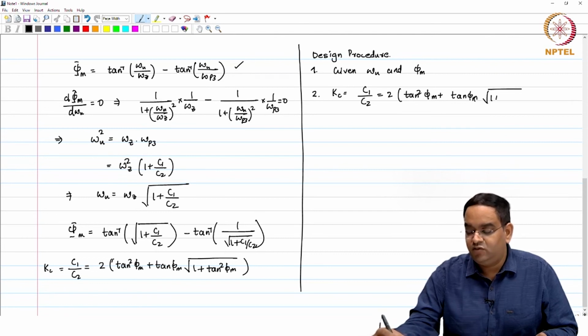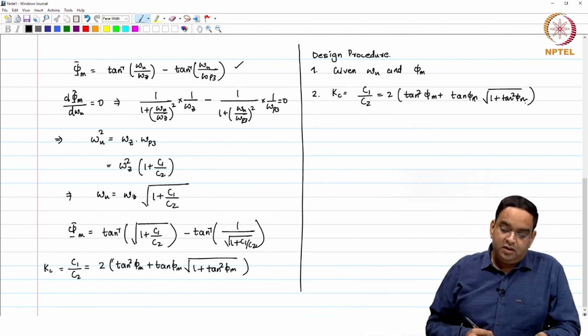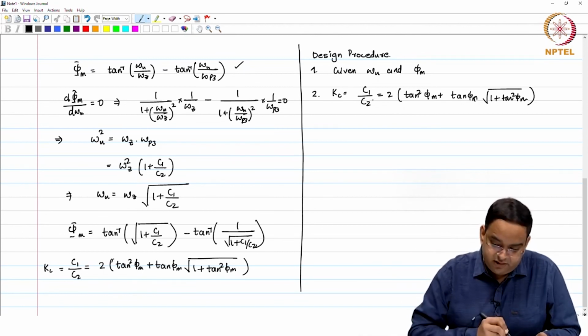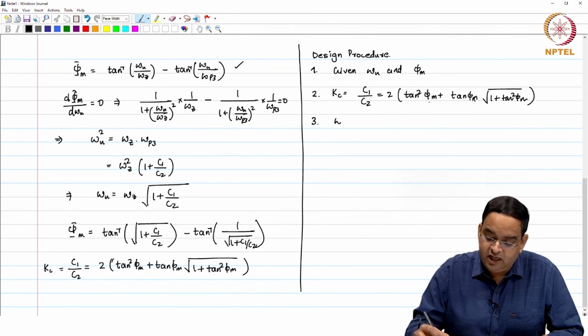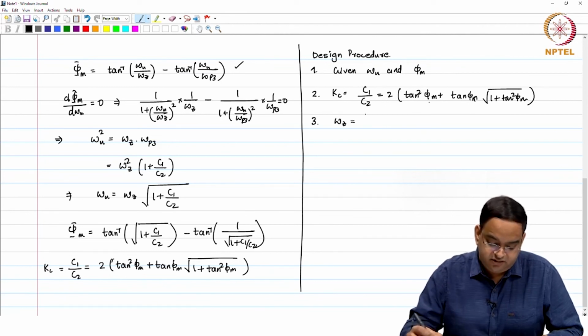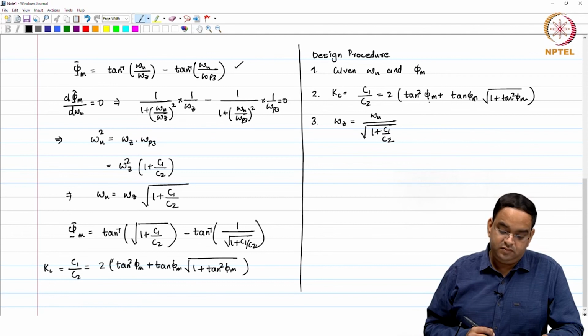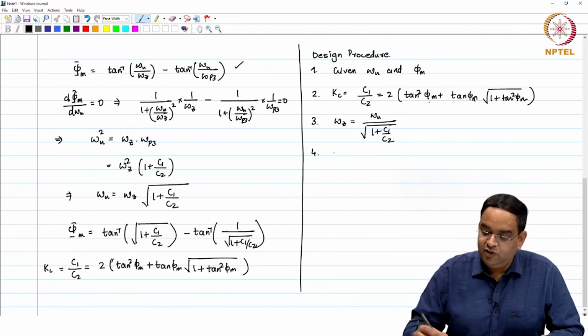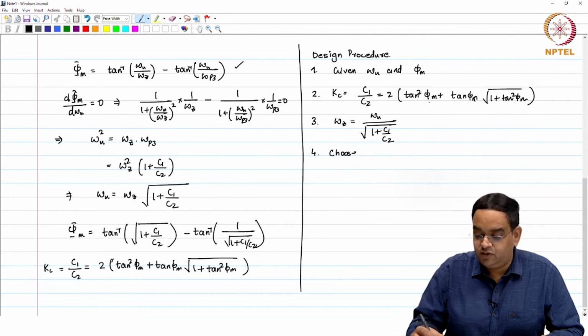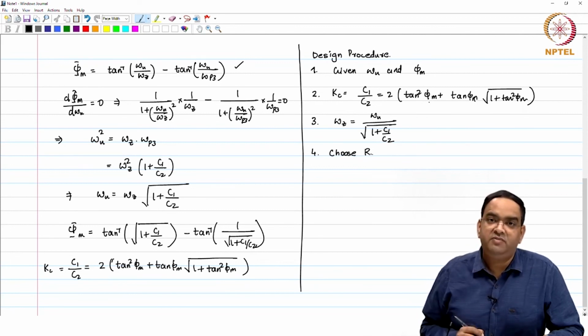Tan phase margin into square root of 1 plus tan square of phi. Once you know K c and you know omega u, because phase margin will give you C1 by C2, you can find out that omega z is nothing but omega u divided by square root of 1 plus C1 by C2. When you know your omega z, you need to choose R. Okay, this is a choice which will be dictated by the noise in the system.